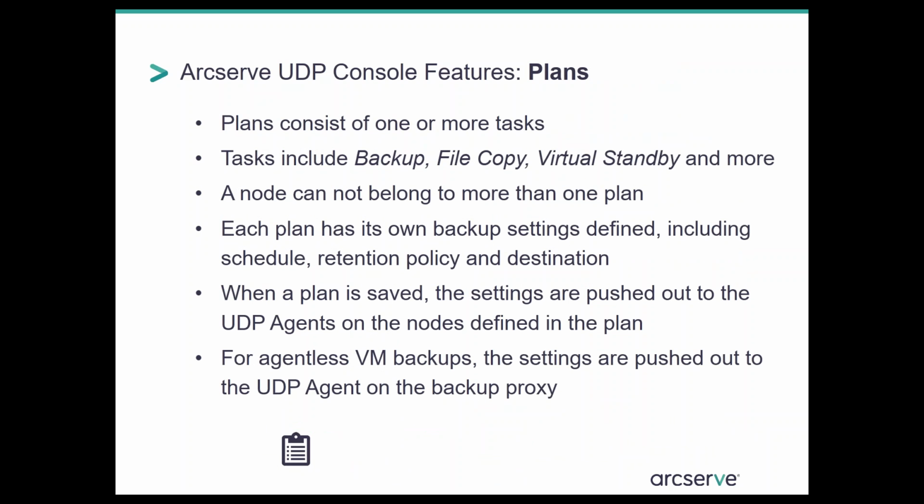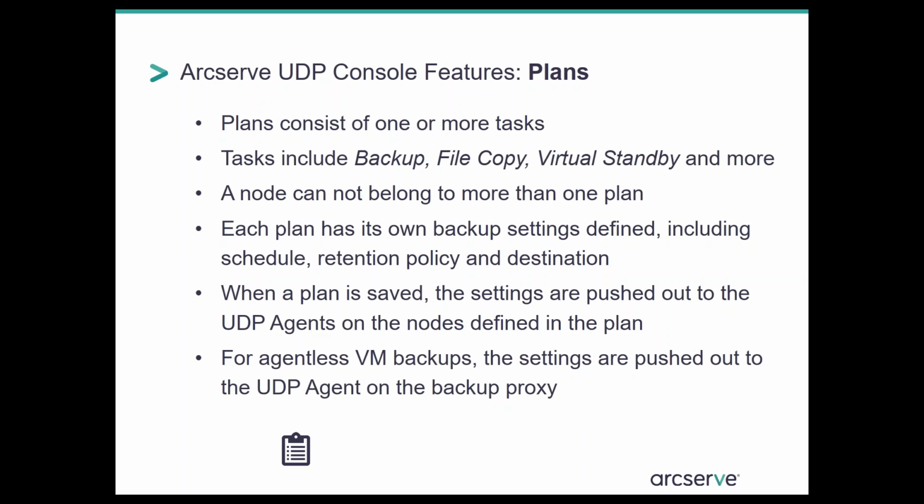Now, to do these UDP agent features like backup, copy recovery point, file copy, and to do the new features like virtual standby or agentless VM backup, we use what we call plans. Plans are created in the UDP console, and plans consist of one or more tasks. The tasks are what we just mentioned: backup, file copy, and so on.